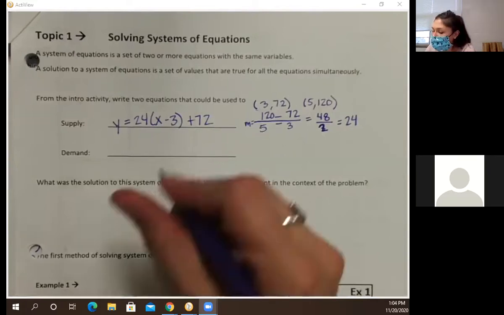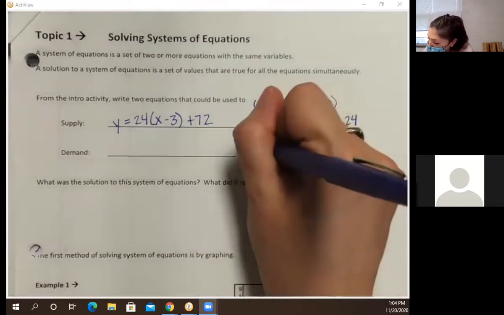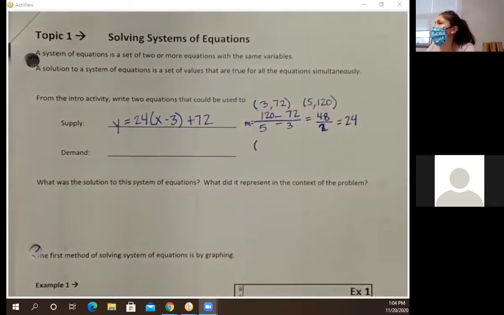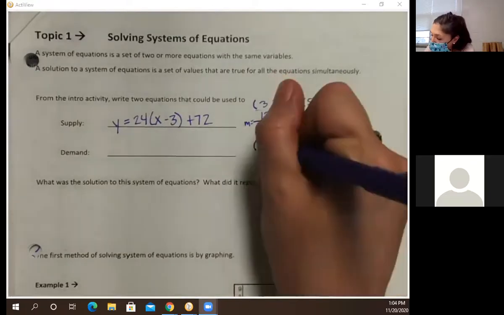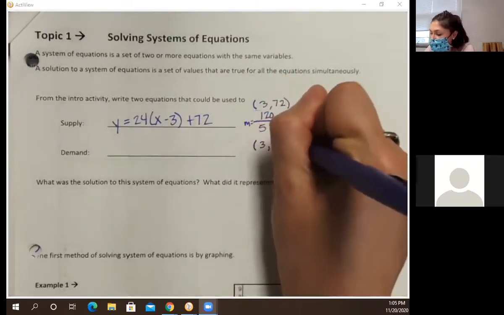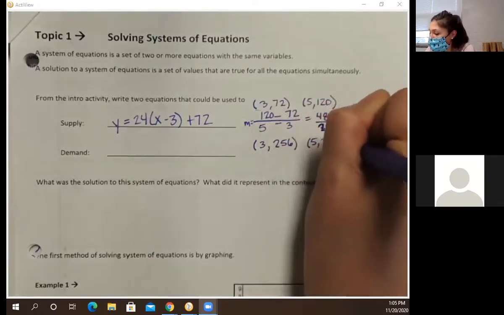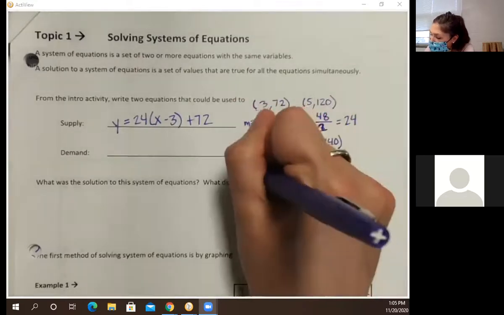And then I can do the same thing to get an equation for my demand line. The first 2 points, and again, it doesn't matter which 2 points you pick. I'm just picking the first 2. The first 2 points on my demand line were 3, 256 and 5, 240. So I'm going to find my slope.